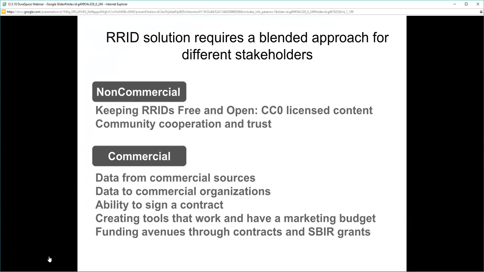We actually initially thought that we should be a nonprofit, but what really solidified our decision to become a for-profit entity was that there's a really nice funding avenue called the Small Business Innovation Award. This is the SBIR mechanism out of the National Institutes of Health, where we've been able to get a reasonable amount of development money without having to go to the big investors, the angels, or the venture capitalists.